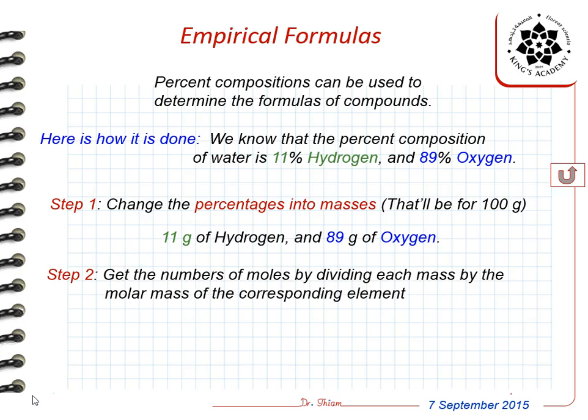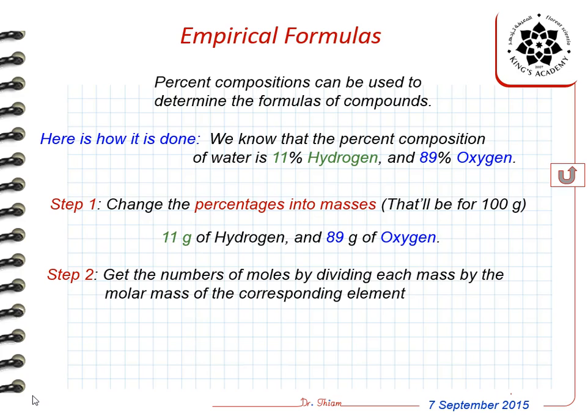If you remember from a few videos ago, we learned that the number of moles is equal to mass divided by molar mass. In other words, mass equals number of moles times molar mass. So if you solve for number of moles, you get mass over molar mass. Now, do you know the mass of hydrogen in this sample? Yes, it's 11 grams.